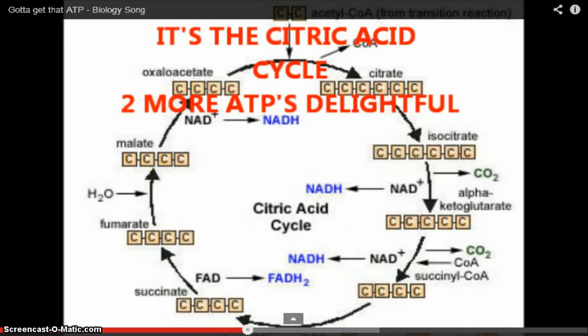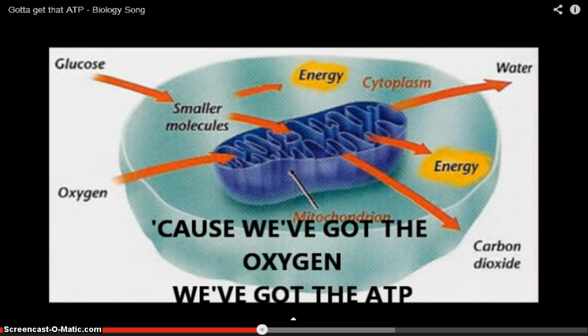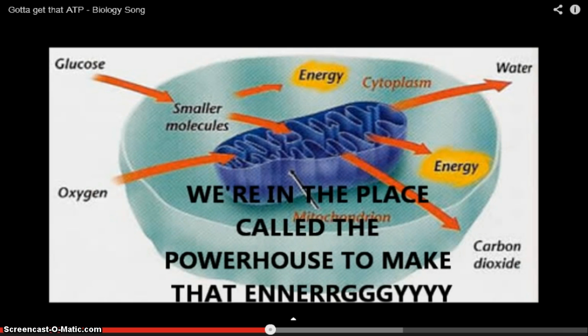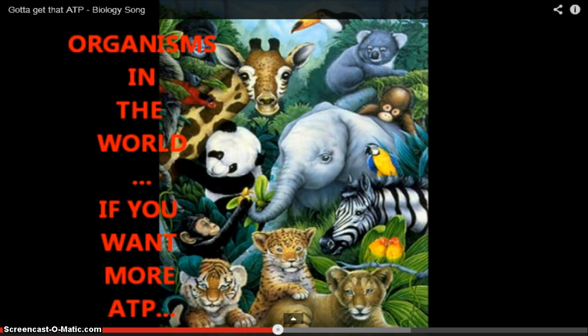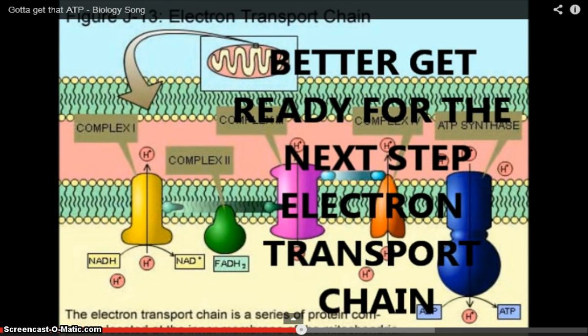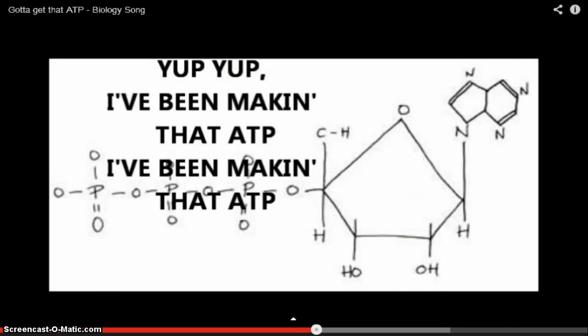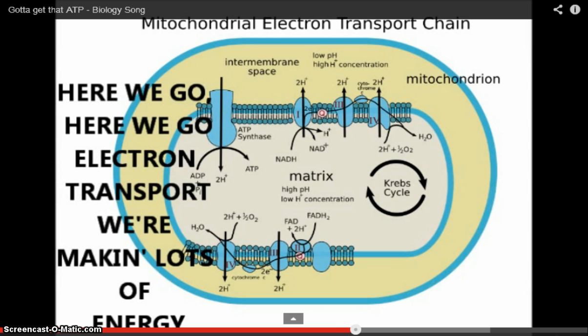Welcome to the mitochondria. It's the citric acid cycle. 2 more ATP. Delightful because we got the oxygen. We got the ATP. We're in the place for the powerhouse to make that energy. Organisms in the world. If you want more ATP, better get ready for the next step. Electron transport chain. Here we go, electron transport.